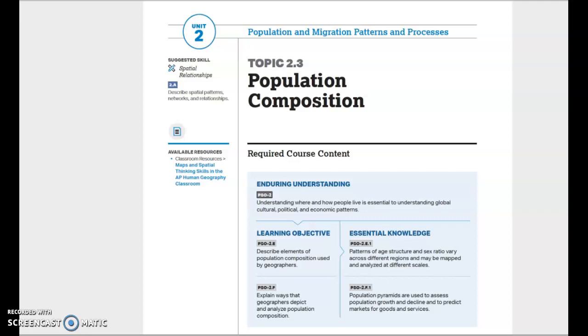We'll also want to specifically look at these population pyramids, and this is a skill that I think as aspiring human geographers, we want to have in our skill set, to be able to read a population pyramid and get a better understanding of what's happening in that country.